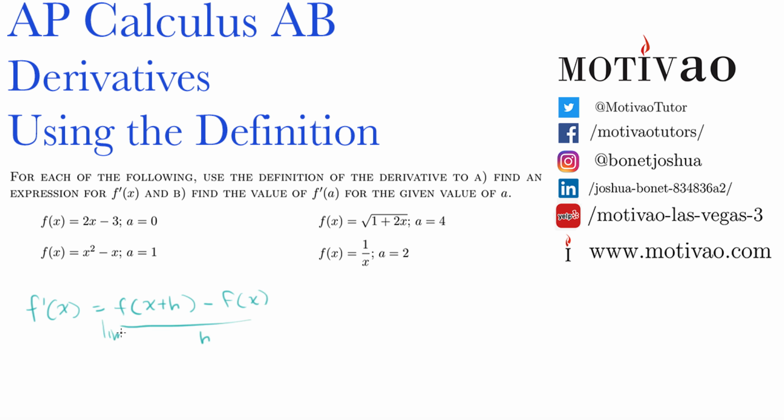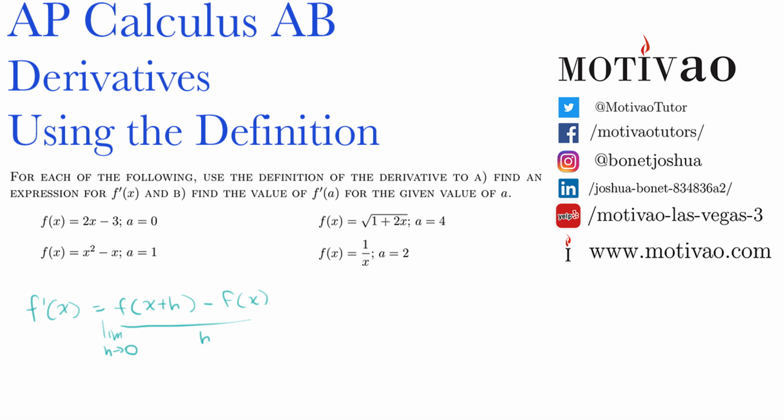Now, most people get stuck on the first step, on what f of x plus h means. This is a composition of functions where you substitute x plus h for every value of x.